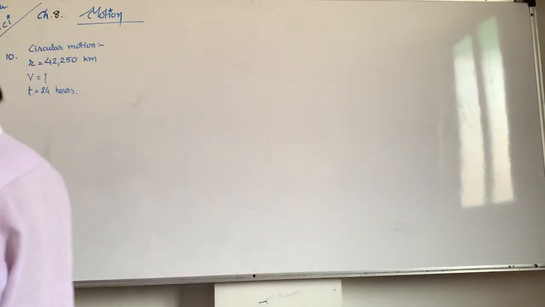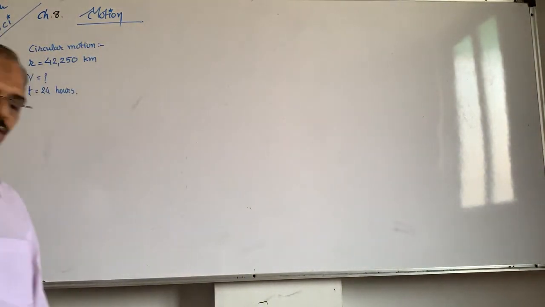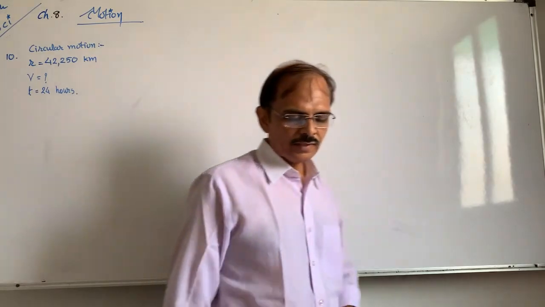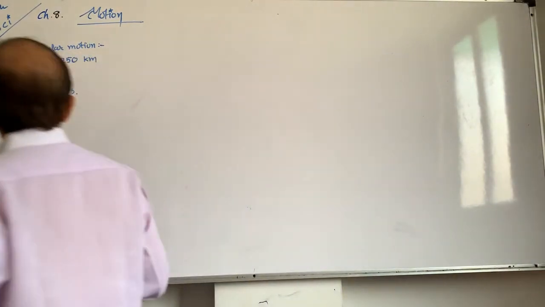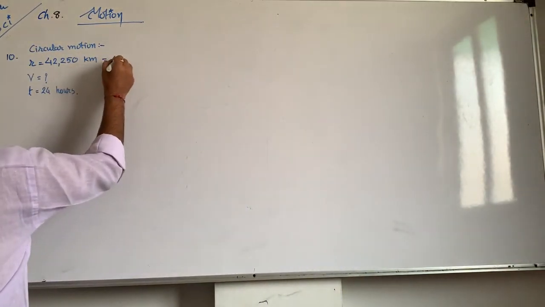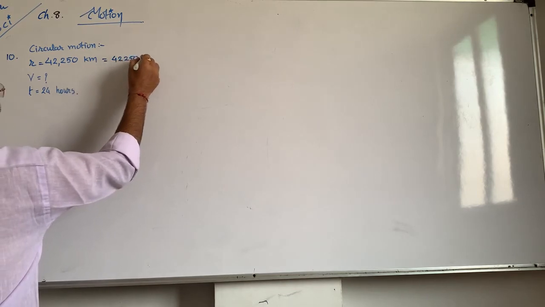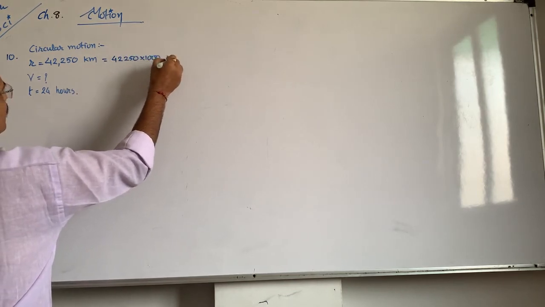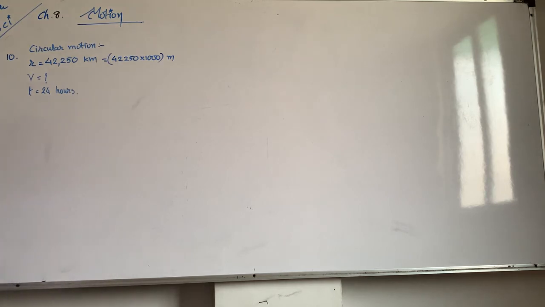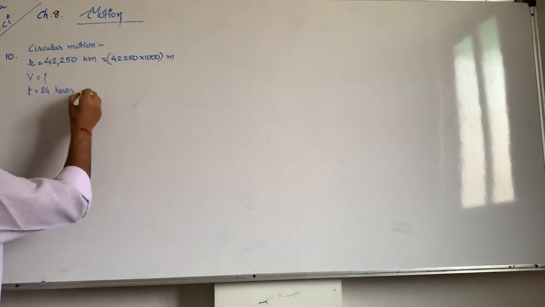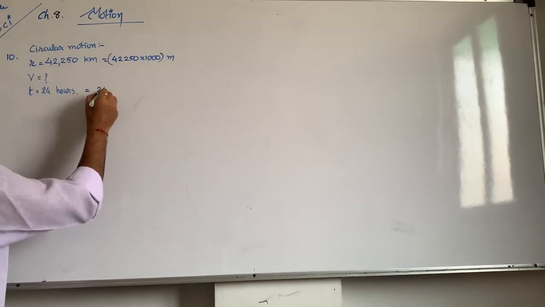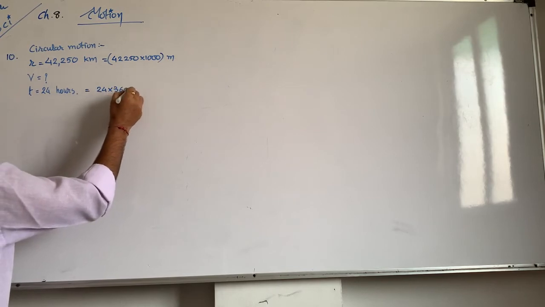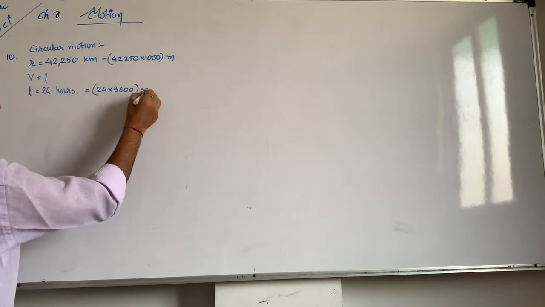Okay, you have to convert kilometer into meter and hour into second. So this is 42250 into 1000 meter, because 1 kilometer means 1000 meter. Here 1 hour means 3600 seconds, so 24 into 3600 seconds.